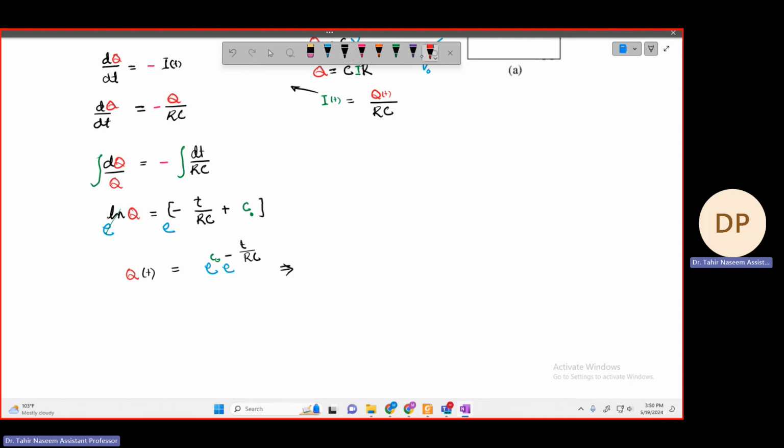Q of t, Q is a function of time. This is a constant, let's write it like Q naught. What is Q naught? It is e to the power c naught, which we defined. It is a constant, times exponential of minus t over RC.